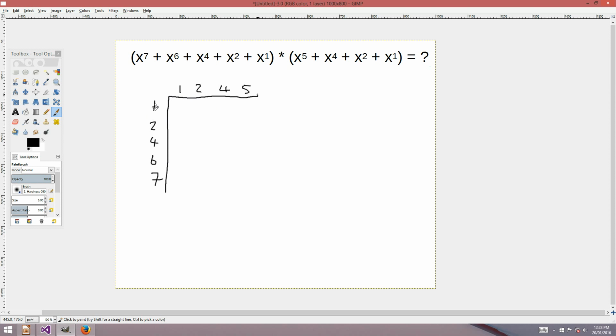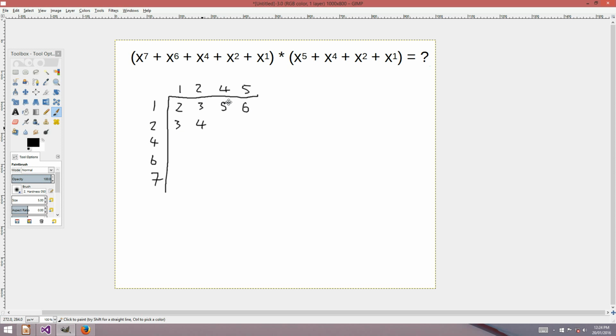Unless I'm marking. Alright, so now we're going to figure out exactly the same thing, all of the powers that we need in our final result, but we're just going to write it out in a grid. So all we've got to do is add all of these values together. So 1 plus 1 gives us 2, 1 plus 2 gives us 3, 1 plus 4 gives us 5, and 1 plus 5 gives us 6. 2 plus 1 gives us 3, 2 plus 2 gives us 4.